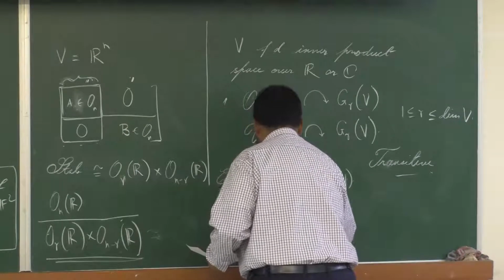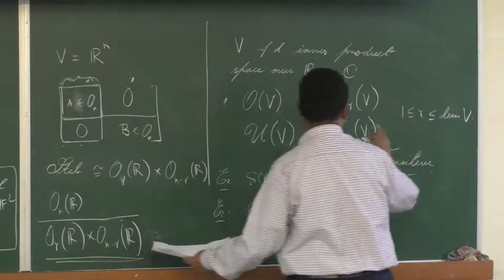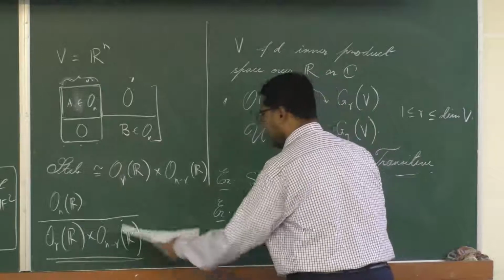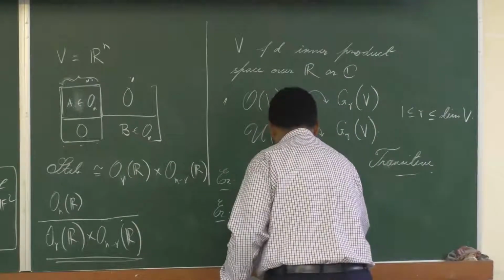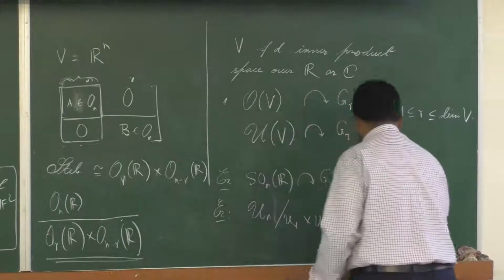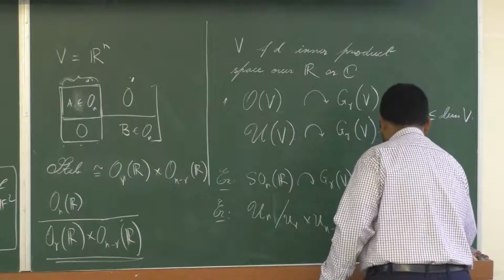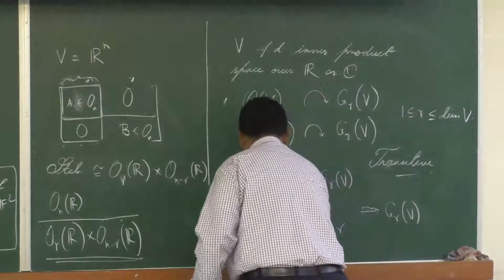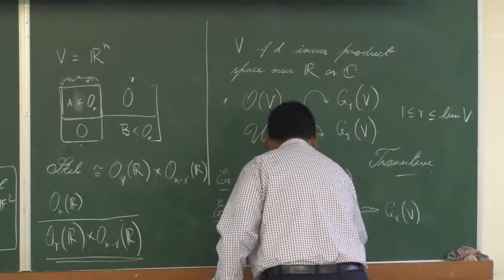So when V is over C, where the group is U(n), this space Gr(r, V) can be identified with U(n) / (U(r) × U(n-r)). So there is a bijection from this, and similarly we can ask what happens to the action of SU(n).